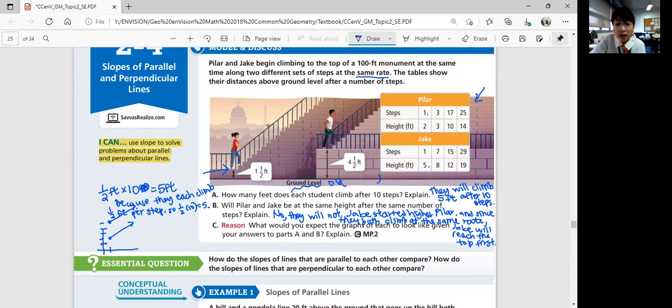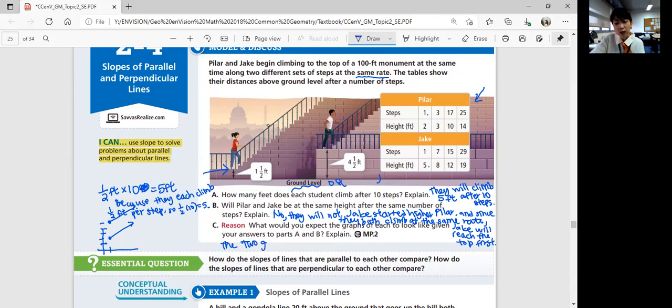So they're going to start differently at a different level, but their slope is going to be the same, which means the lines are never going to meet each other, right? They are parallel. They're parallel lines. So you can expect the graphs to be 2 parallel lines for Pillar and Jake. Let's write that down.